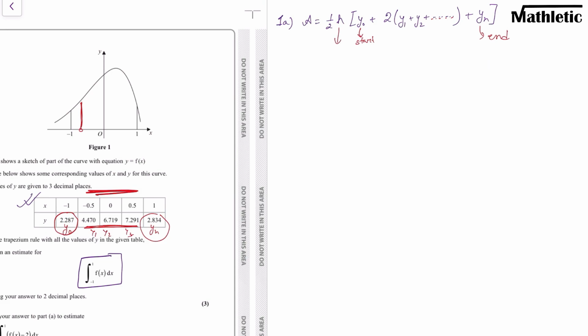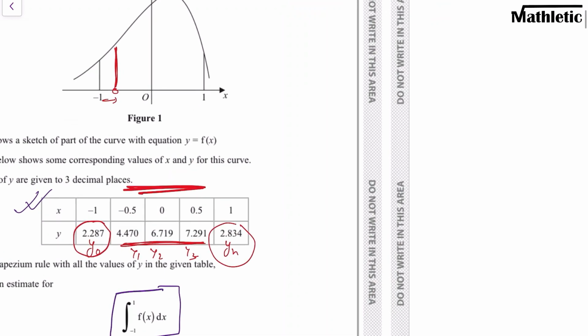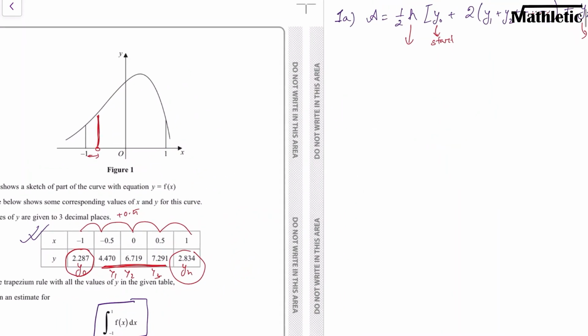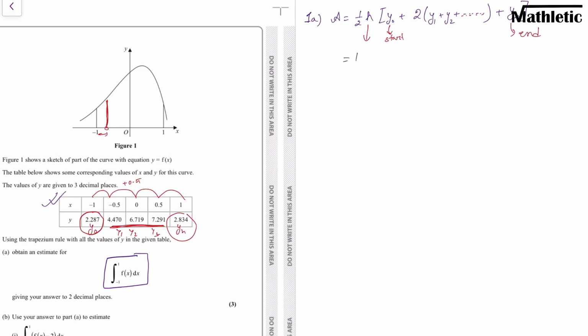H is the width of each trapezium, as in from the table you just need to select the gap of these x coordinates. So as you can see, the x coordinates are increasing by 0.5, so the difference between two x coordinates is the h. H is basically 0.5, y naught is 2.287.